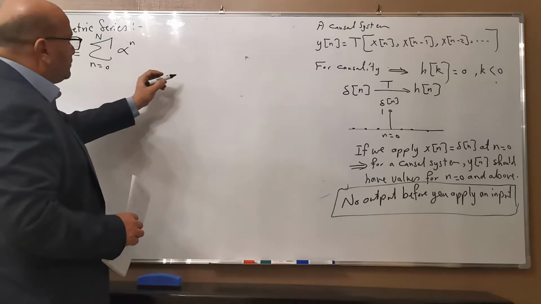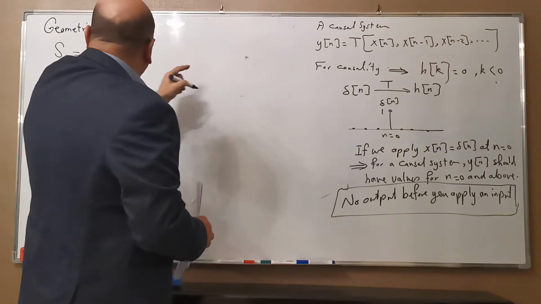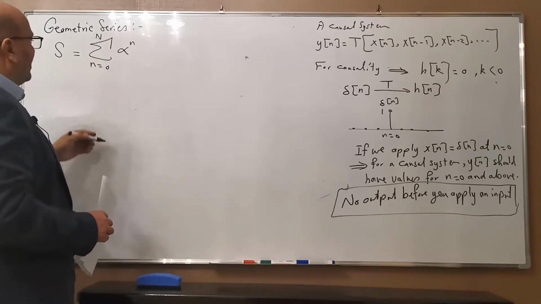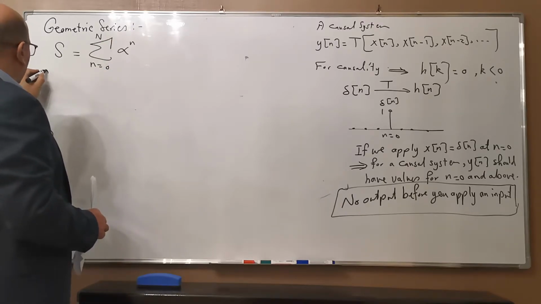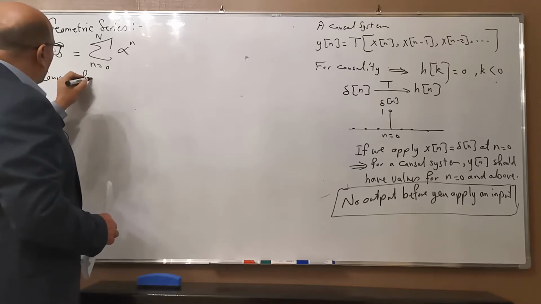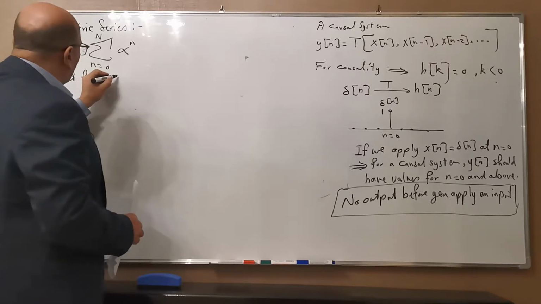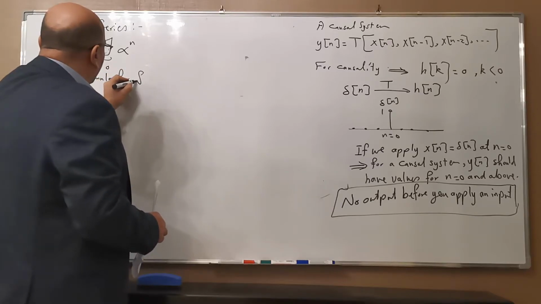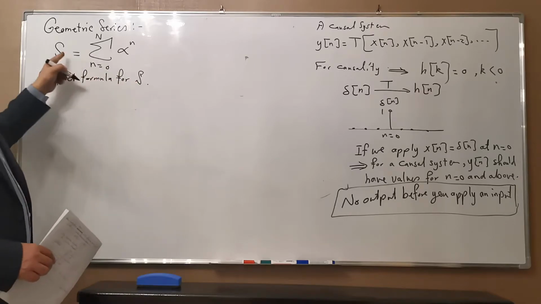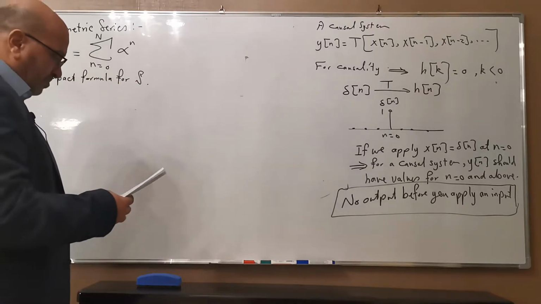Now, we're gonna discuss how we can find the whole summation, how we can find a compact formula for S. We need to find a compact formula for S. Okay?